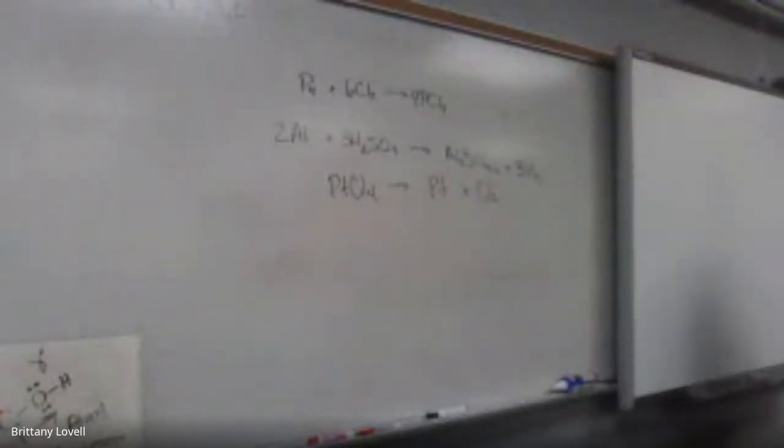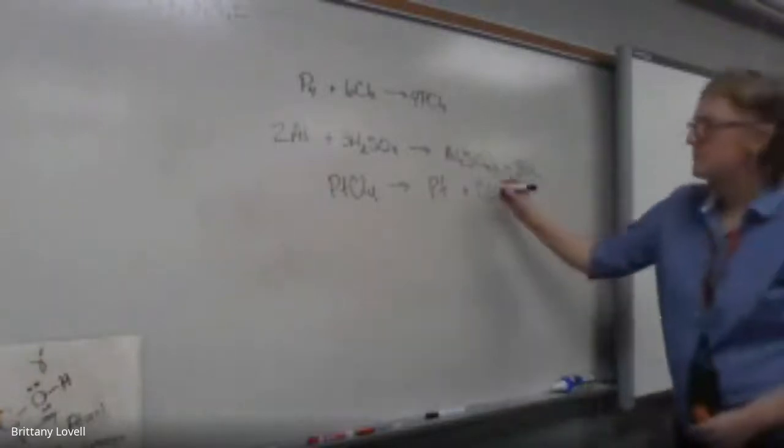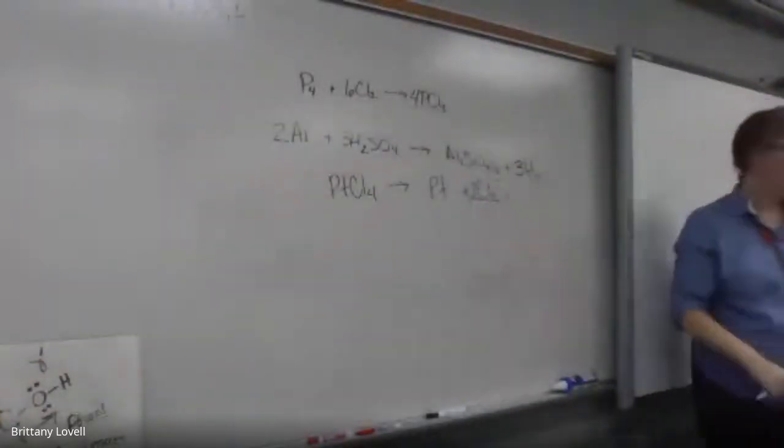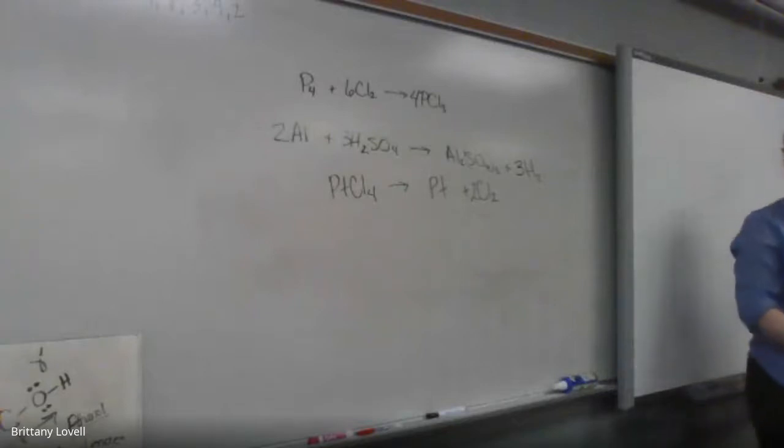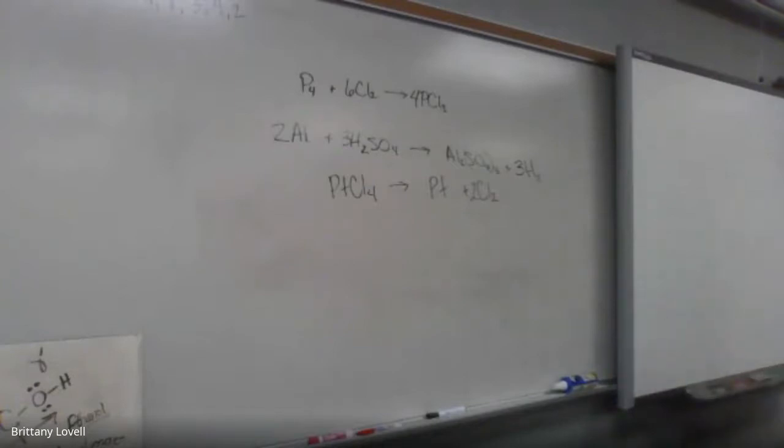Okay. This one should be pretty easy, right? What do we do, everybody? Put a 2 in front of the Cl2. And that should work, right? Okay, good. All right, so that's how you would fix those.